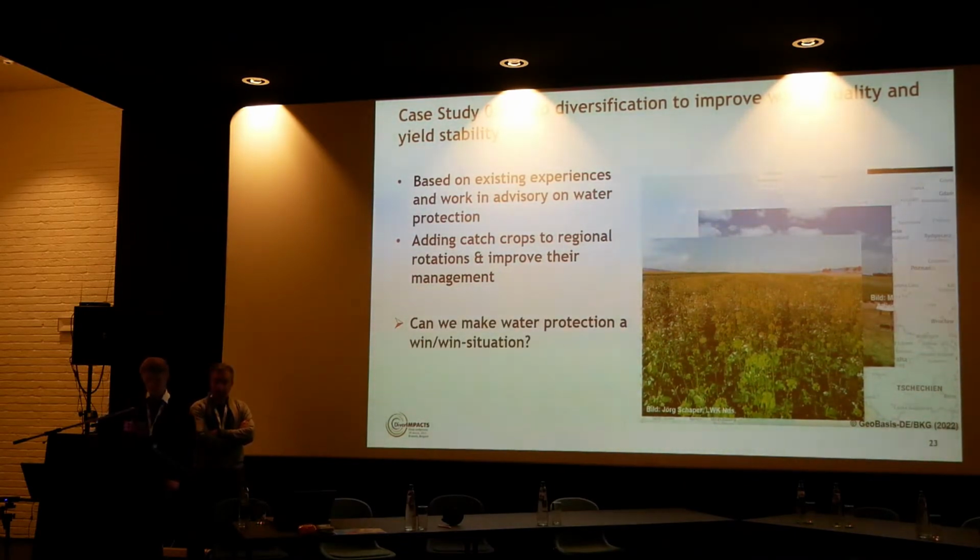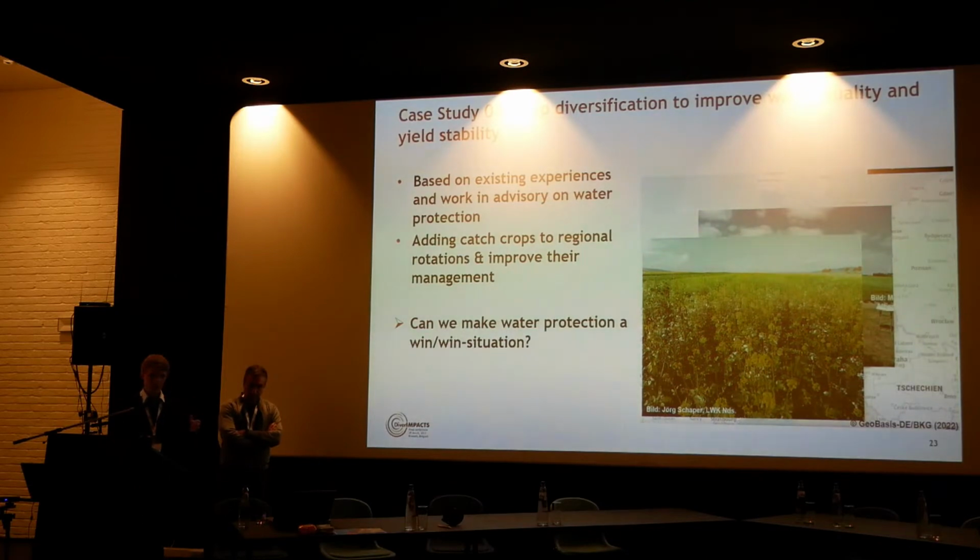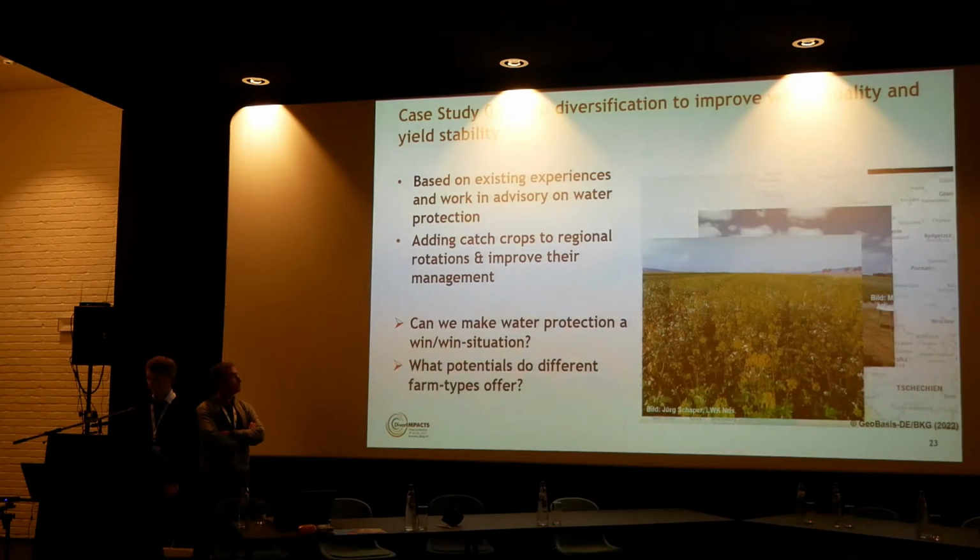The baseline question was, can we make water protection a win-win situation? For the moment we have the regulation on the one hand producing costs or negative impacts for the farmers, but on the other hand crop diversification, especially the addition of catch crops, could be a positive thing for the farmers, but it needs to be combined and reviewed if we really can get a win-win situation out of this.